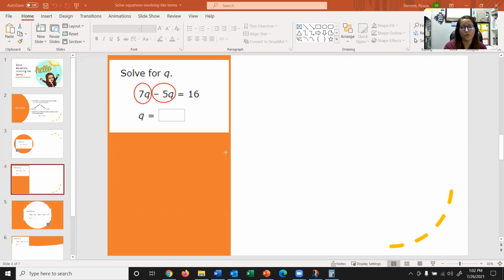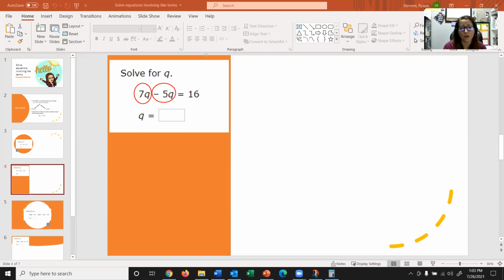And this is important too to pay attention to: you always want to take that symbol that's in front of the term. So in this case, if you read this as a whole equation, it's 7q minus 5q. But when you separate those terms, we have a 7q, which is positive, and then we have a negative 5q. So that minus sign doubles as a subtraction sign as well as a negative sign.